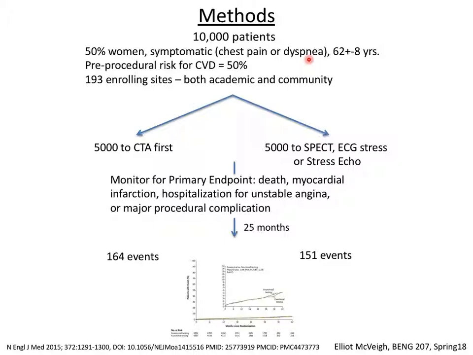That's an important feature of the trial, because that elevates the risk that you're going to detect coronary disease. You don't want to just take all comers at 10,000 without chest pain, because you're not going to detect a lot of disease. A lot of those people are normal or they have indigestion. So you really want to run your trial where you're going to see people with disease. And so that's how you set who's coming in.